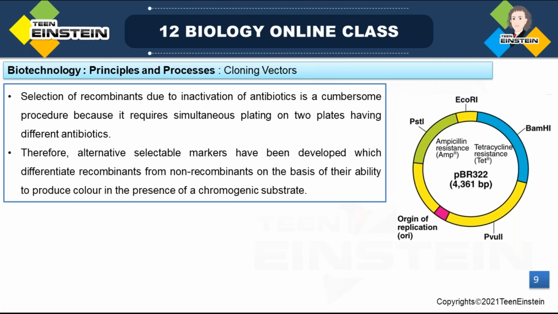So selection of recombinants by this inactivation of antibiotic resistance is a difficult task, because in those cases we need plating on two places with different antibiotics. Here we said ampicillin and tetracycline. Simultaneously we need to do both platings with different antibiotics, right? So it is a very difficult task. It's not so easy to make out.